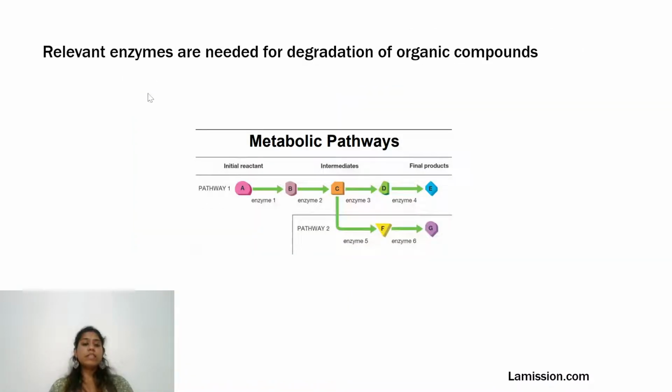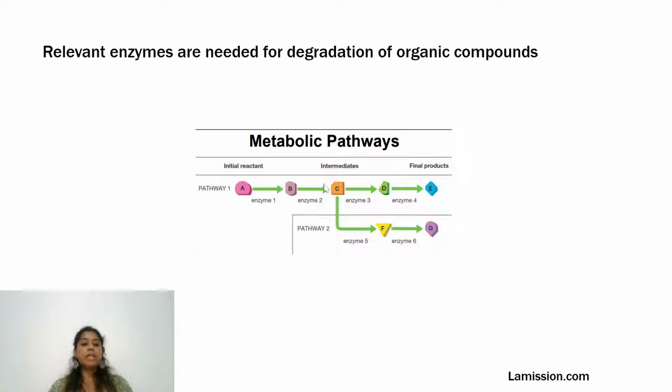Like I mentioned in the previous slide also, here this is an example of a metabolic pathway, how a metabolic pathway progresses. So initially, let's say this is the first or the main pathway. There is one substrate, and it gets converted to another substrate by enzyme 1.